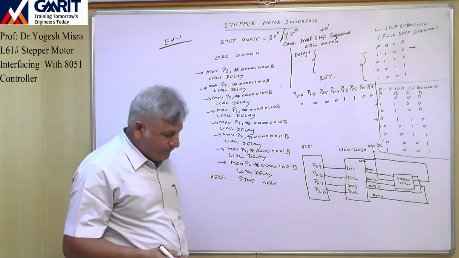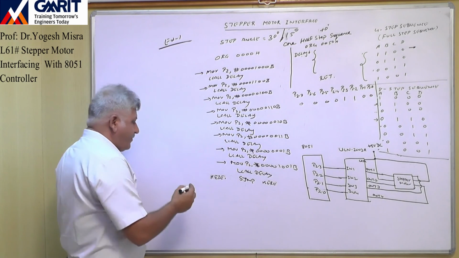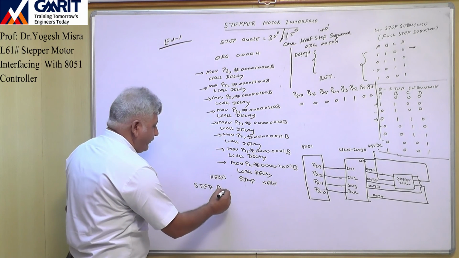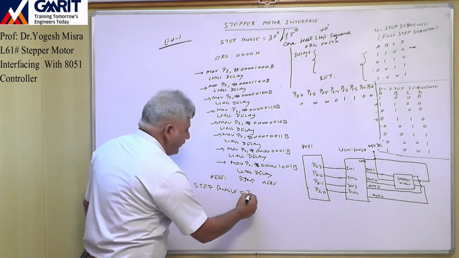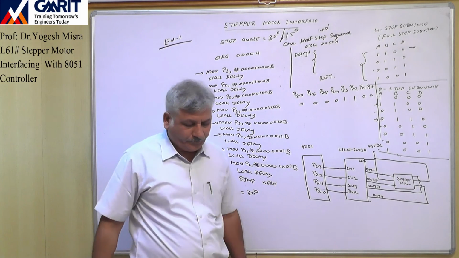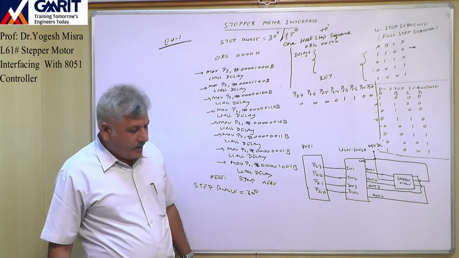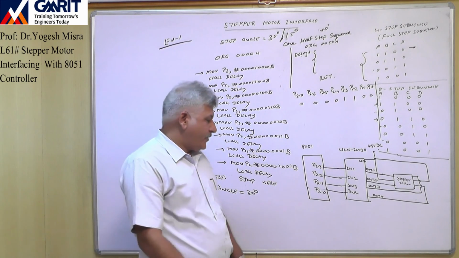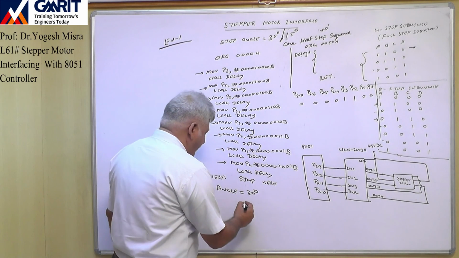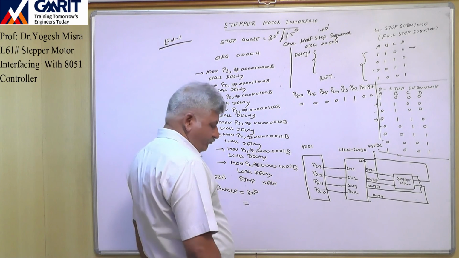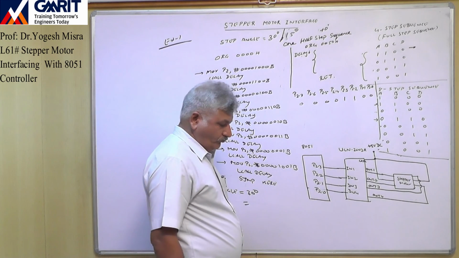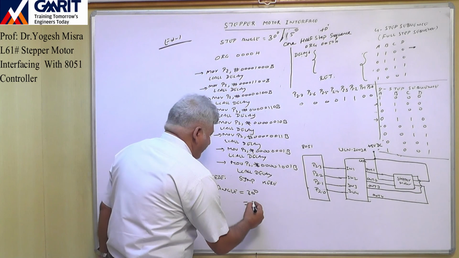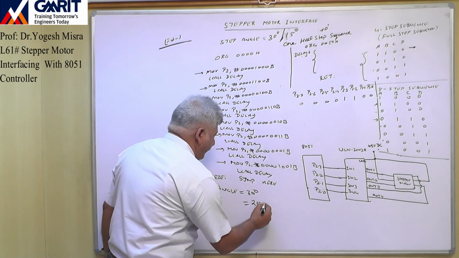Now suppose another case, we have the same motor with step angle 30 degree, and we want to rotate the motor by 255 degree.